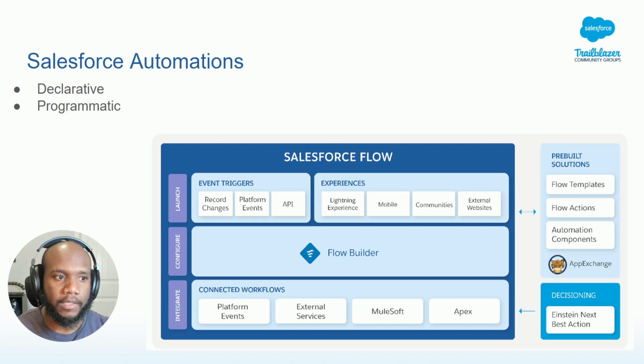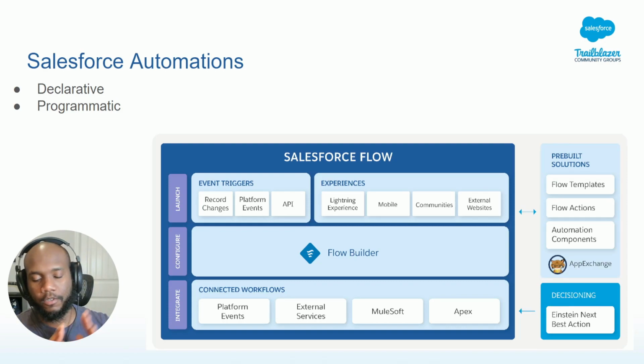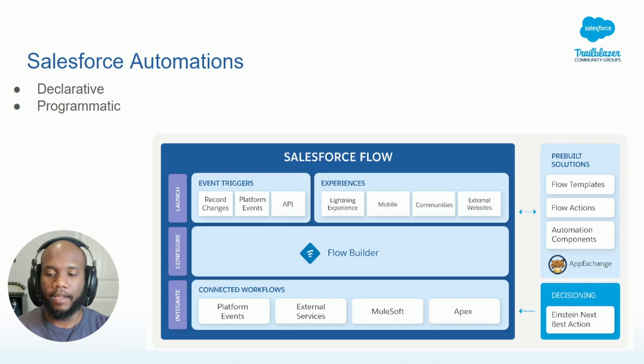One is the declarative side, and one is the programmatic side. On the declarative side, those are things that you can do with clicks and not code. That's the big distinction. Everything you can do with only clicks is declarative. And on the programmatic side, you're doing it with a program or with code.